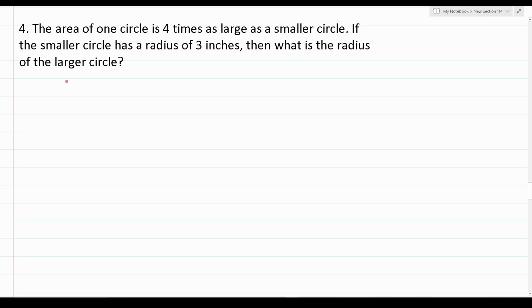All right, so number 4 says the area of one circle is 4 times as large as a smaller circle. If the smaller circle has a radius of 3 inches, then what is the radius of the larger circle? So at first glance, this problem seems pretty challenging, and it is. That said, at the end of the day, we're just comparing two circles with each other.